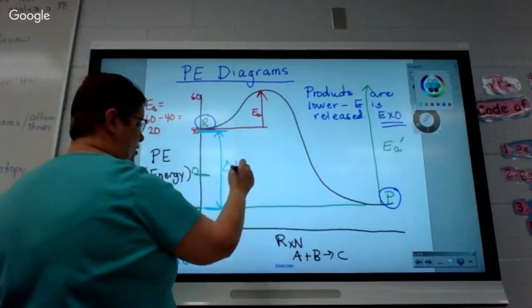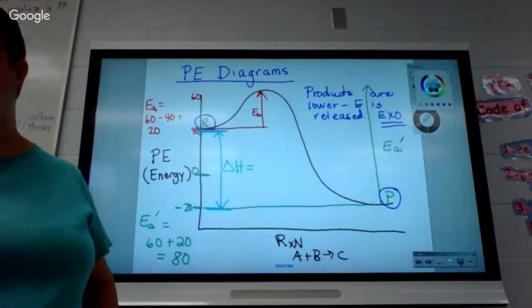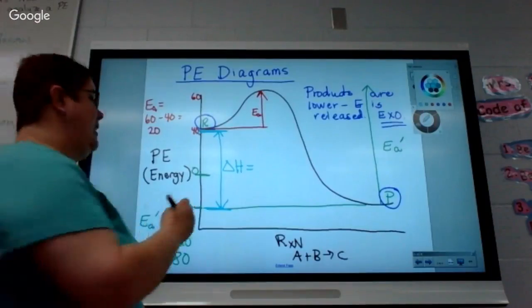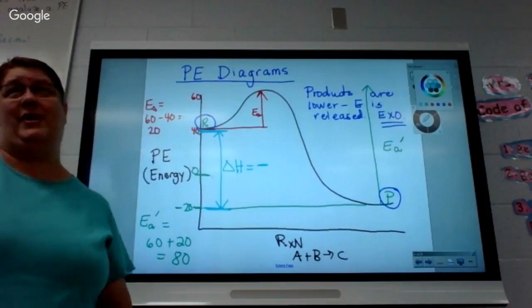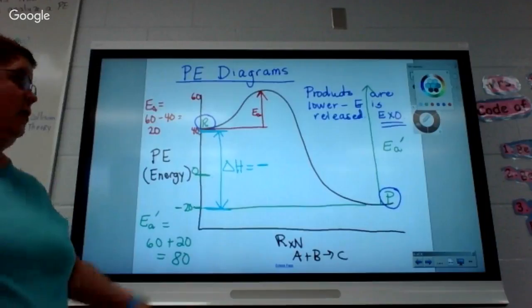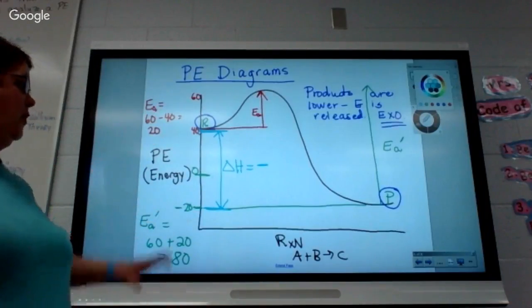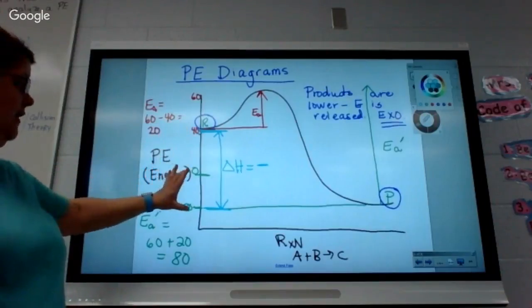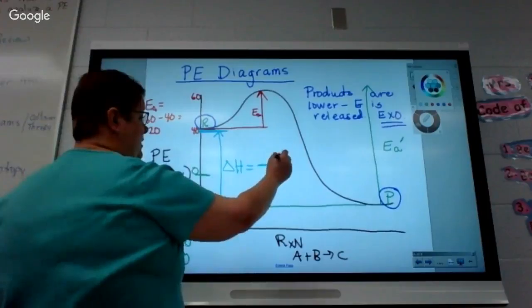That's my delta H. And you just told me it was what because it was exothermic? It's negative. Now all we need is the number that goes with it. Where do the reactants start at? 40. Where do the products end at? So we've got 40 and we've got 20. So it's negative 60.